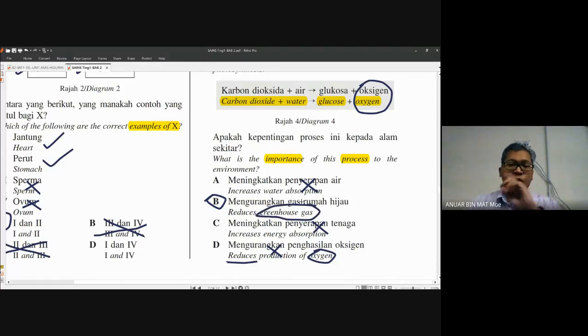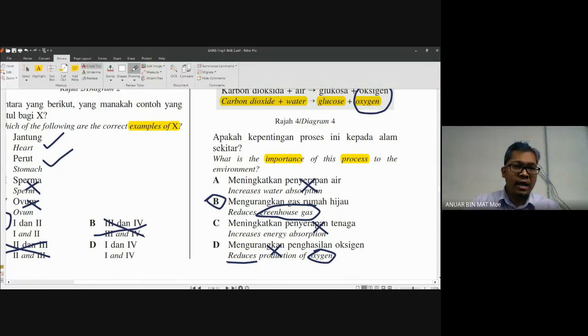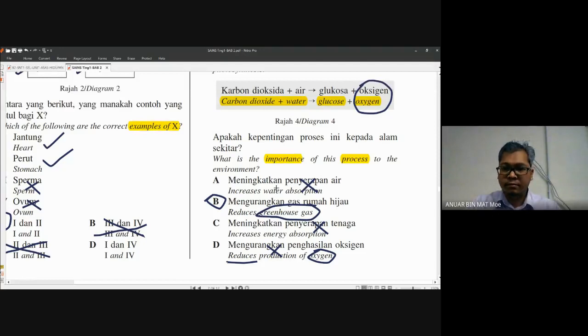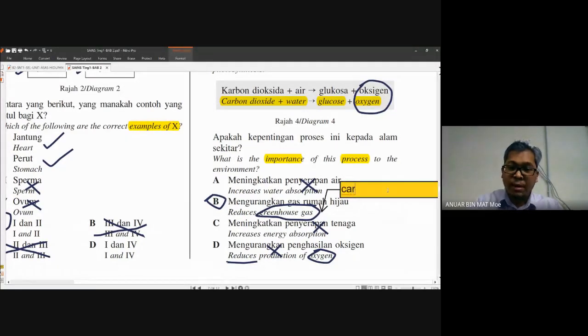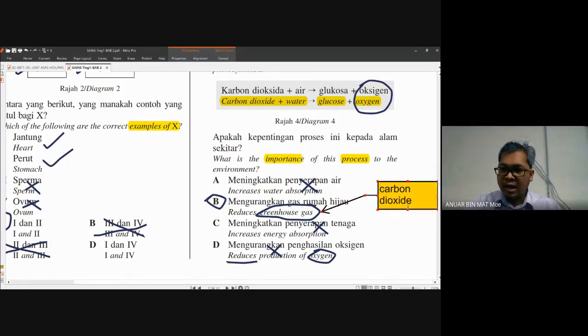Greenhouse gases. Let me tell you something. What's an example of greenhouse gases? Carbon dioxide. Why does it say reduce greenhouse gases? Because the process uses carbon dioxide.